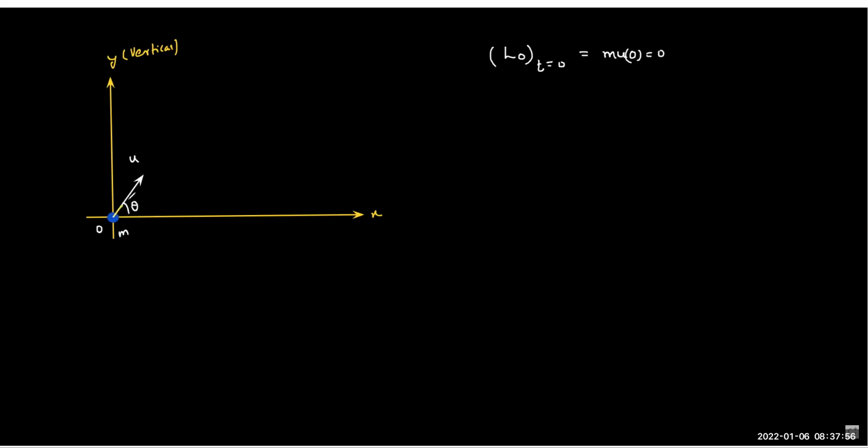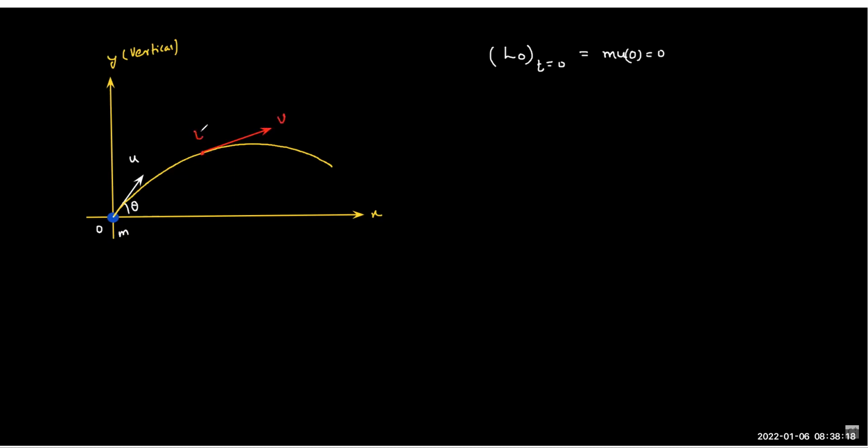Now this particle will trace a trajectory something like this. And after some time you may be here, and therefore your velocity vector will change, not only in magnitude but also in direction. You see your new velocity vector.